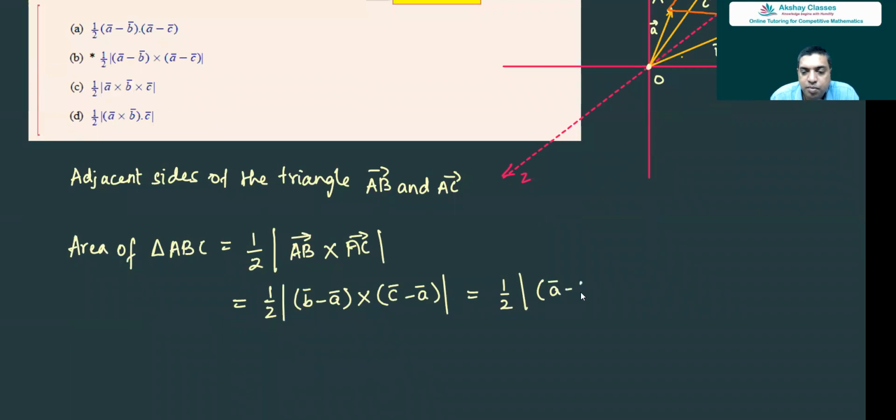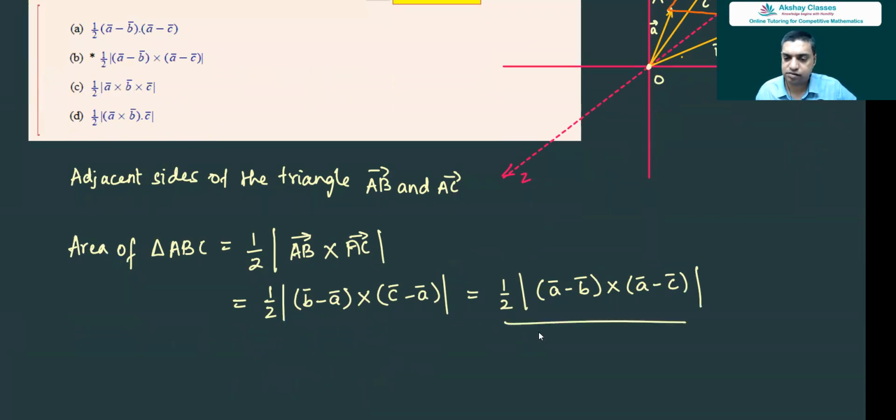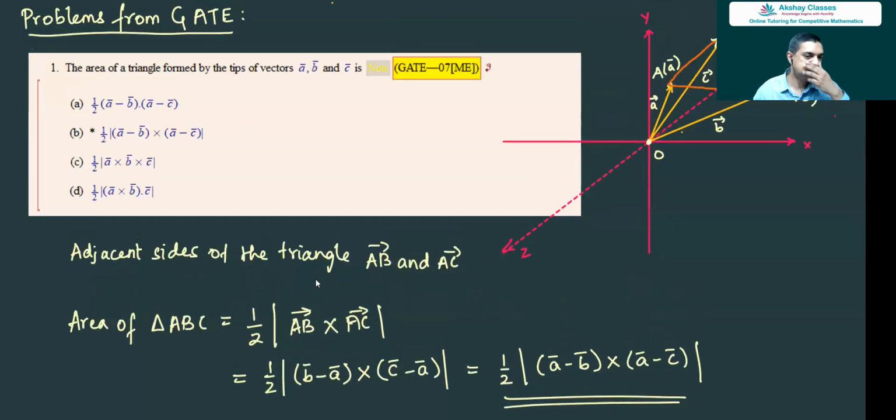So multiply both the factors with the minus sign, you get this. The area of triangle ABC is half modulus of A minus B cross A minus C. So this is the answer. It's not dot, it is a cross product. So this answer is wrong, this is wrong, this is wrong.